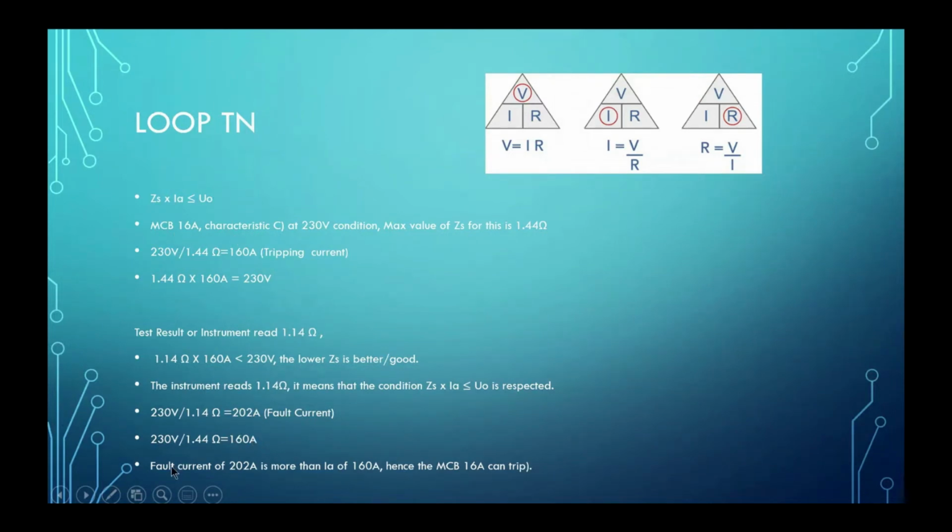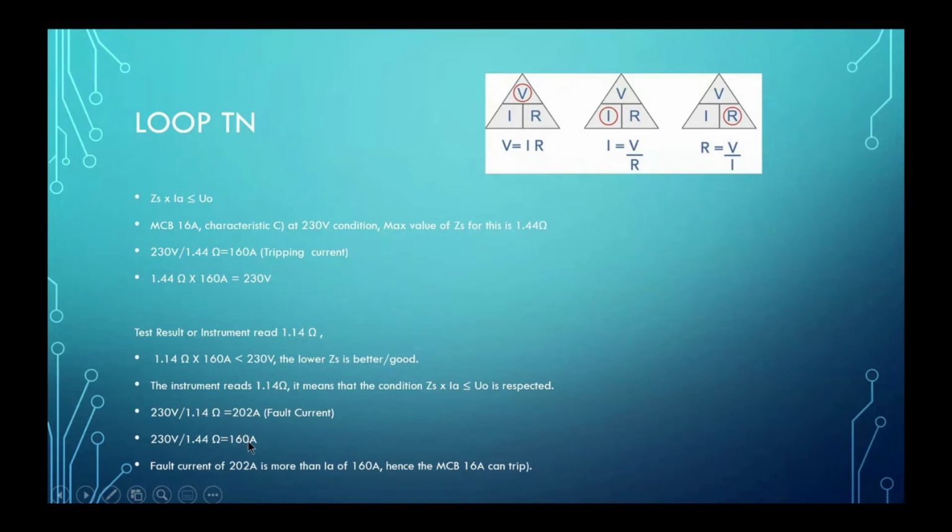So when a fault happens, the maximum fault current that can go through this loop is 202 amp. So it can trip your MCB, because your MCB's tripping current is just 160 amp.